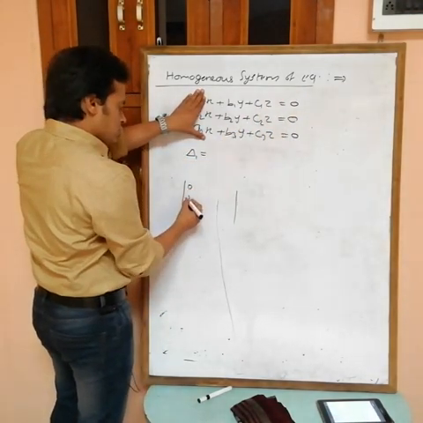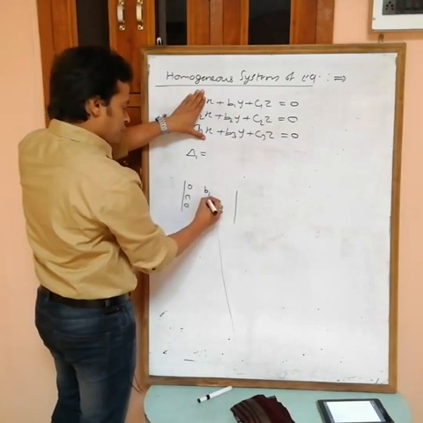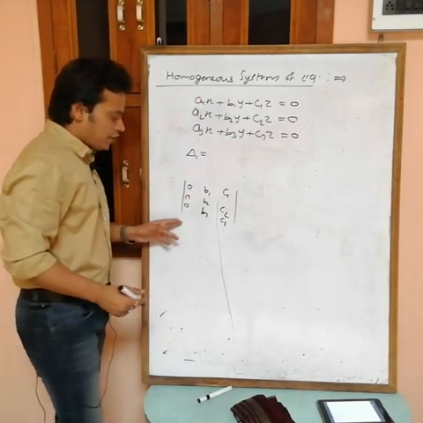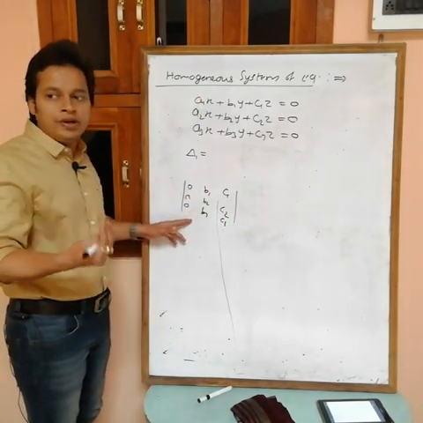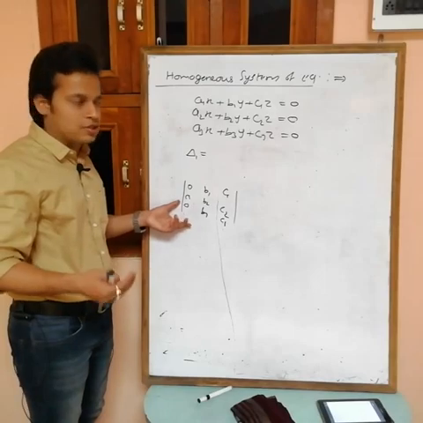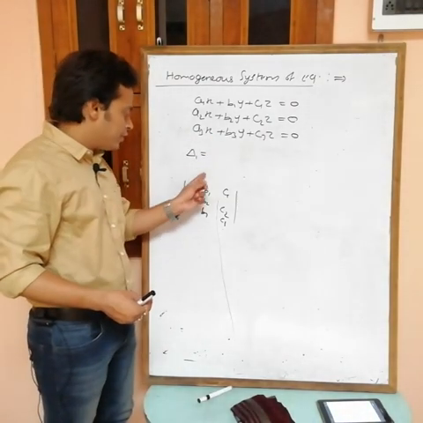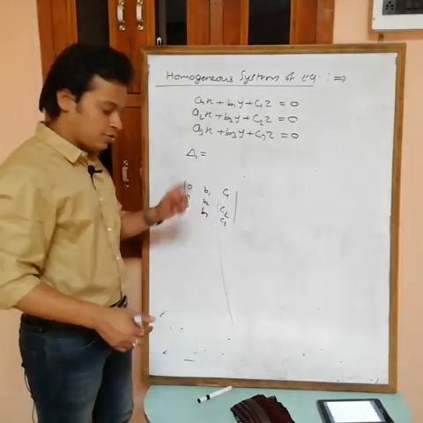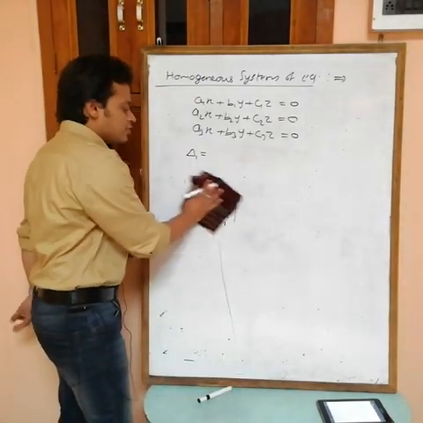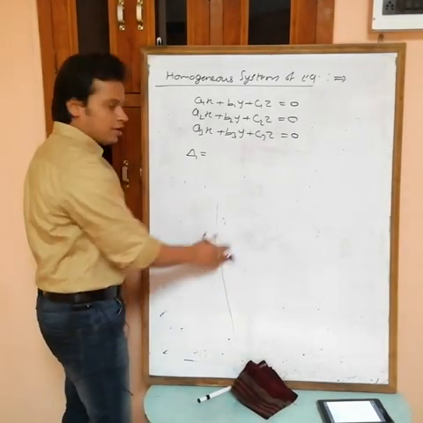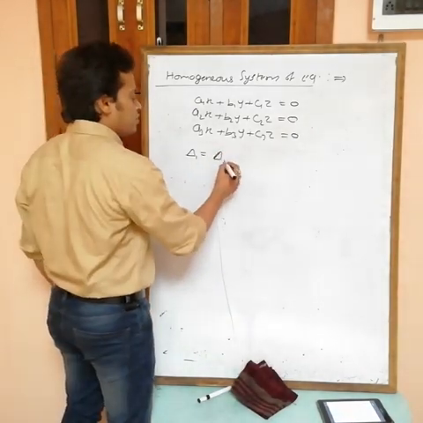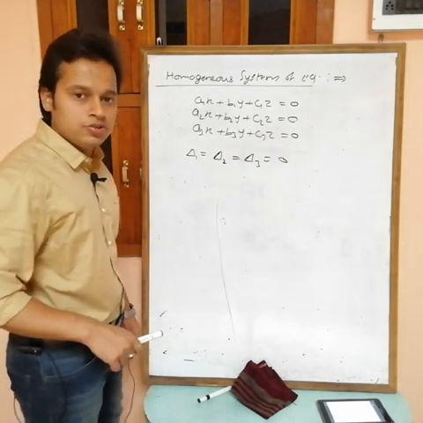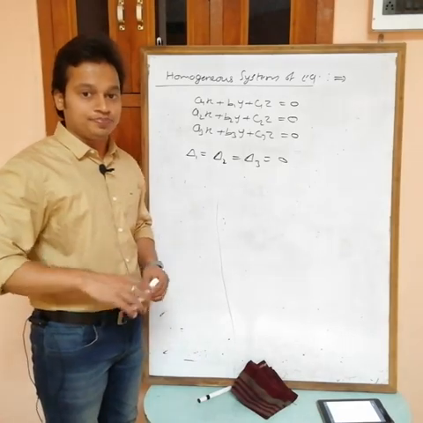Now there is no constant term, it means 0, and then b1, b2, b3, c1, c2, c3. If any column has all elements as 0, then the value of the determinant is 0. Similarly, in del 2 and del 3 you will get these elements as 0. So these are 0.